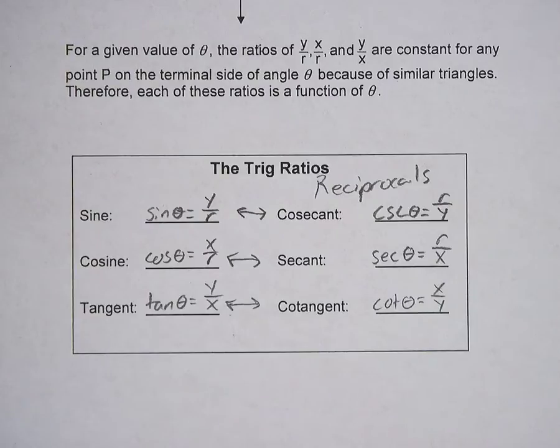A lot of people get the sine and the secant confused for being reciprocals because they both start with S, and the cosine and cosecant both start with CO. If you remember it this way, between sine, cosecant, cosine, secant, tangent, cotangent, each pair can only have one co, if that makes sense.